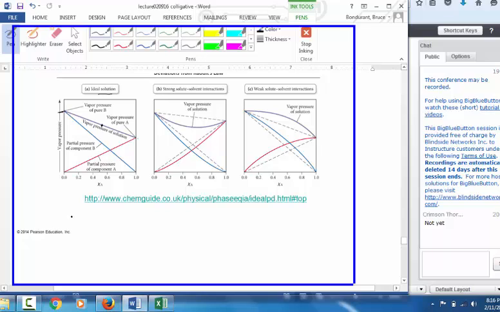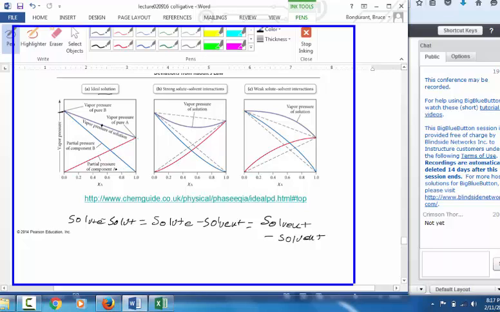So if you think of intermolecular interactions, what you're saying in an ideal solution is that these interactions are equal. So basically they behave as though they're just mixing together but not changing their interactions.